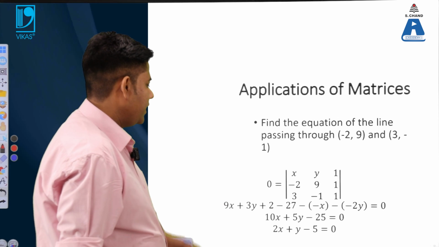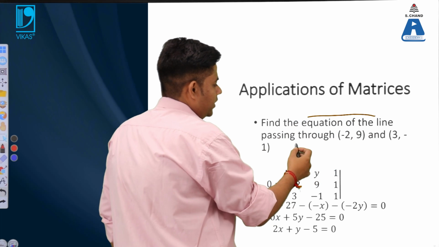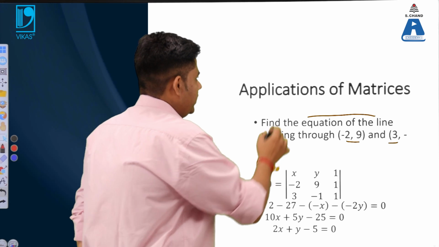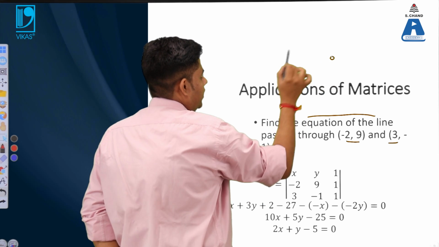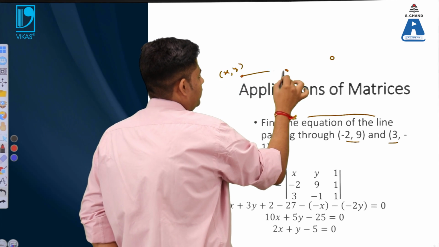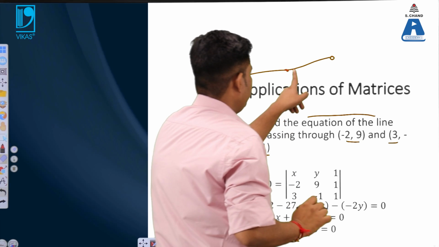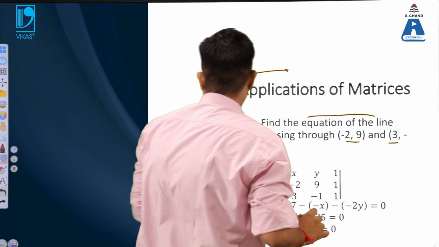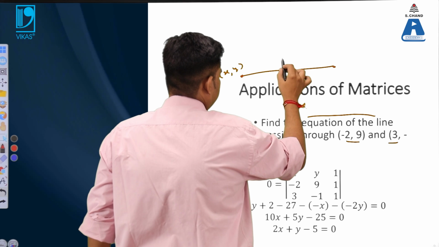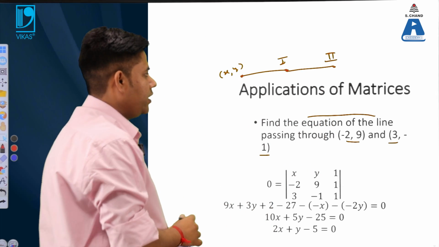Let's say for the example purpose, we have to find out the equation of a line, and that line is passing through these 2 particular points. So a line is passing through 2 particular points, and we have to add this third point, which is x, y. And if all these 3 points are lying on the same line, this is the first point, this is the second point, we'll calculate the area and put that area equal to 0.